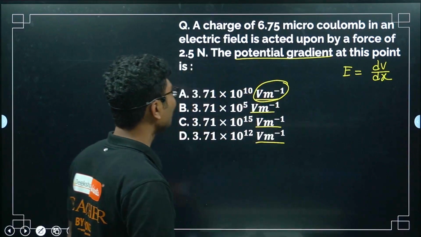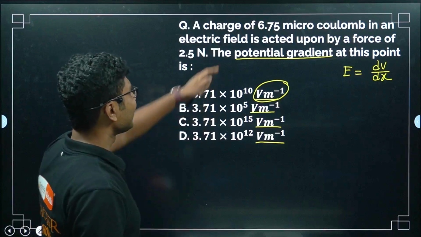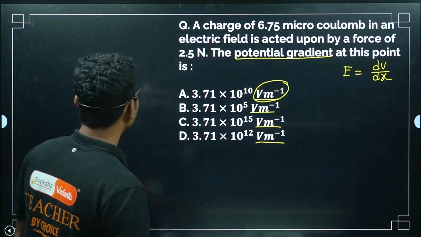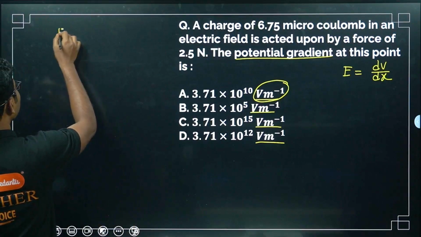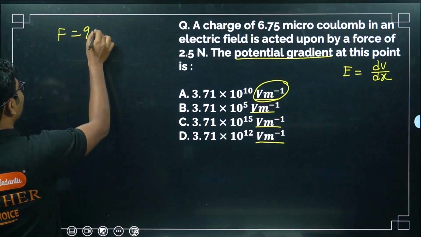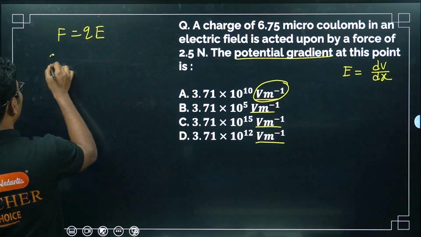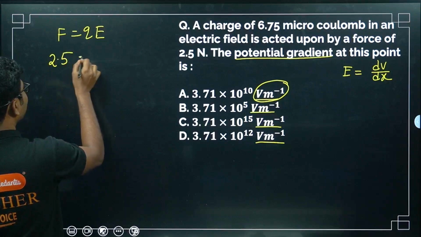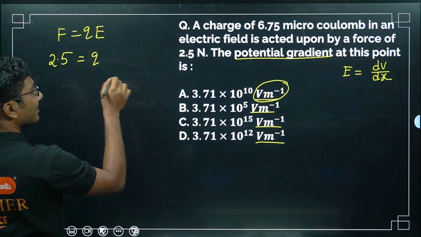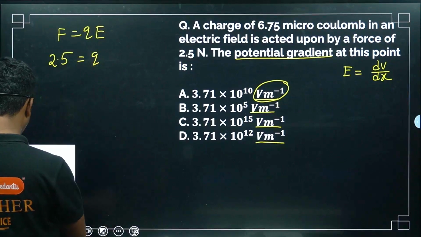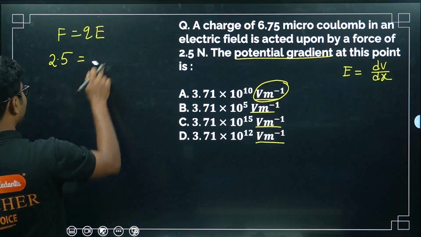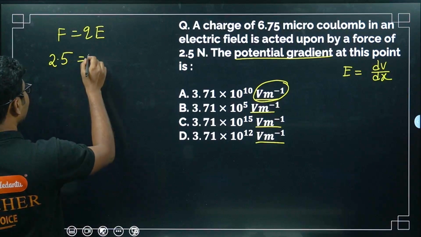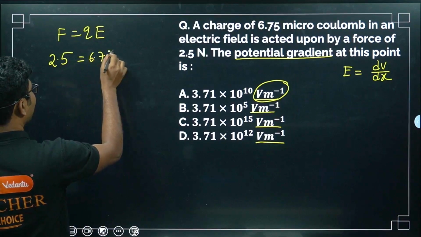So they have asked you to find the electric field when the charge is given and force is given, right? So what we know, force is Q times E. 2.5 Newton is given. Q is given, 6.75 microcoulomb.